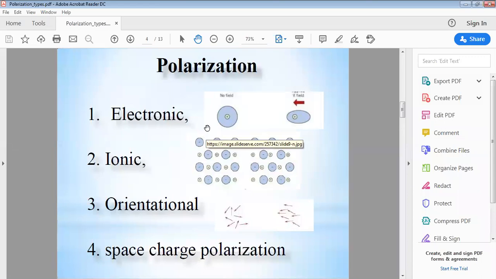But the contribution from these two will be less when you compare with the whole orientation polarization. So the electronic polarization is a base to all these polarizations. Space charge polarization is not a material property, that is a device property that comes because of the effects. I will show you that in the next slide.